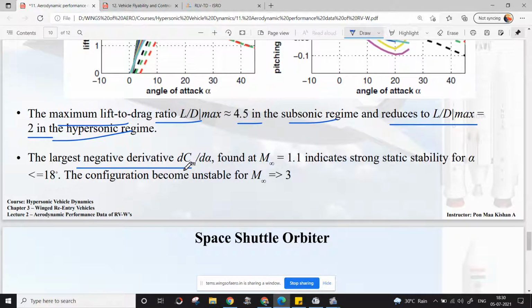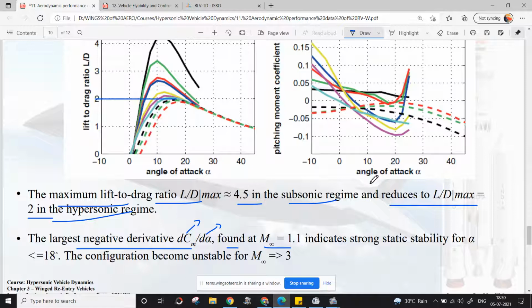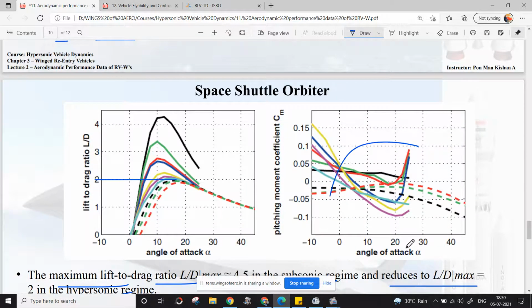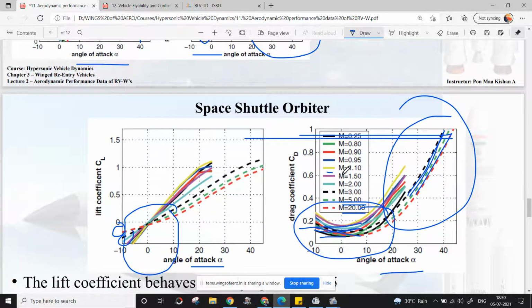When it comes to the pitching moment, the largest negative derivative of dCm/dalpha, the change in pitching moment with respect to change in angle of attack, is at Mach 1.1, right? Here you can see for pitching moment, Mach 1.1 has the yellow color.